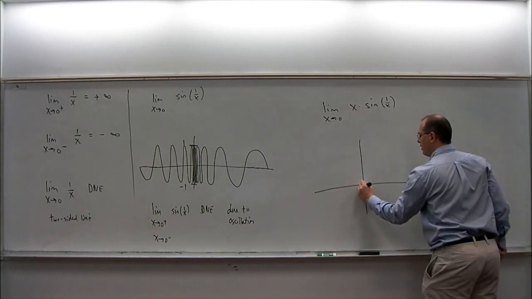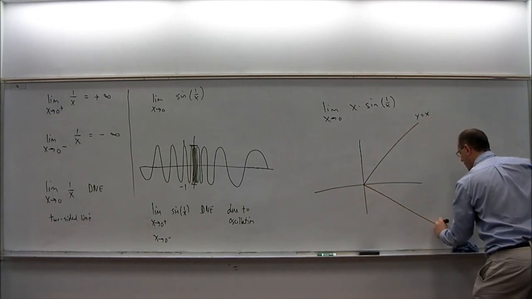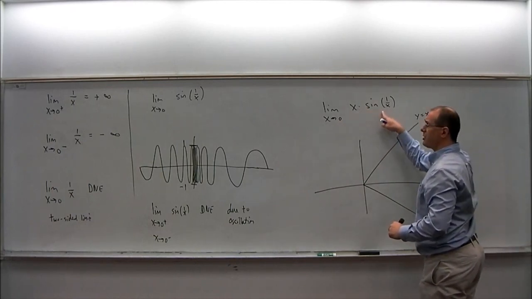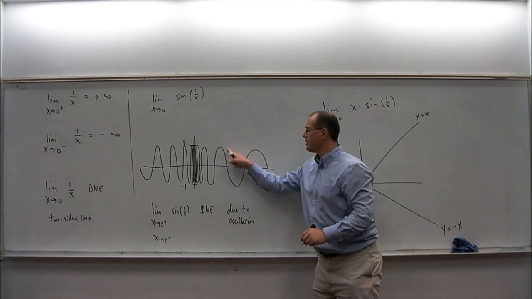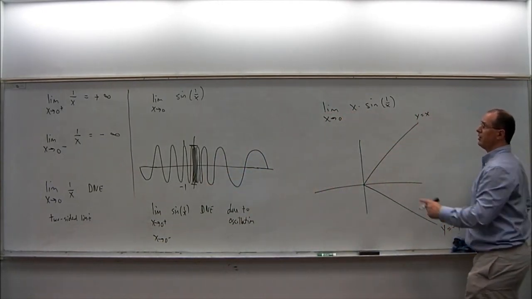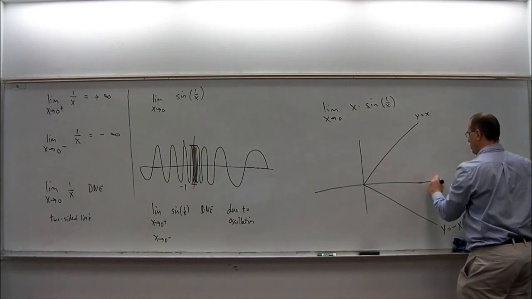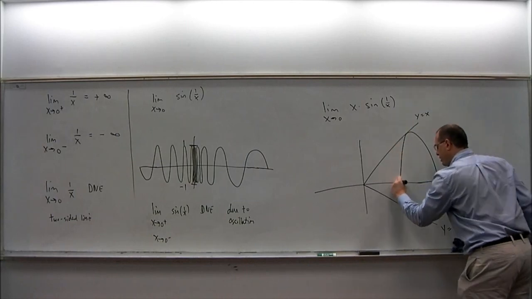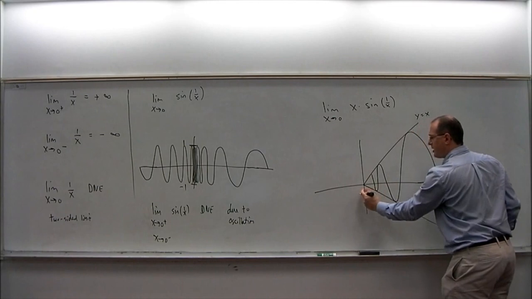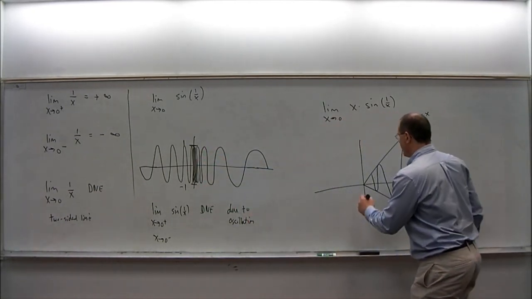Well, if we draw the line y equals x, and we draw the line y equals negative x, then x times the sine of 1 over x is going to oscillate like this one, but it's going to go between these 2 lines, because this is going to affect the amplitude. So it's going to look maybe something like this. And then as we get x near 0, we'll get this wild oscillation.